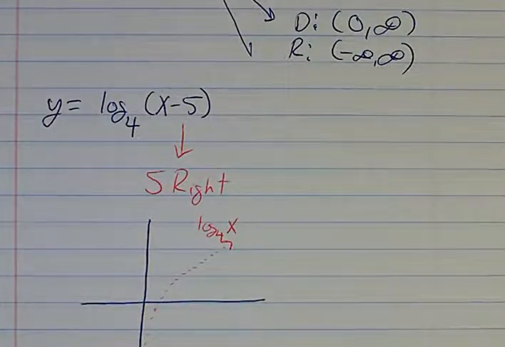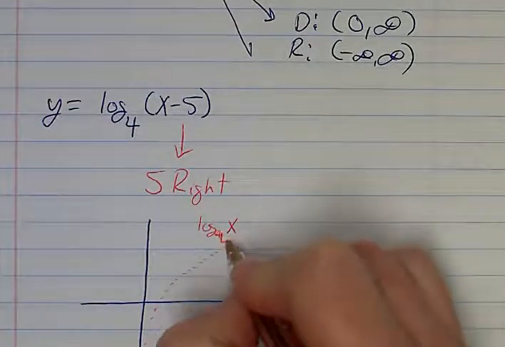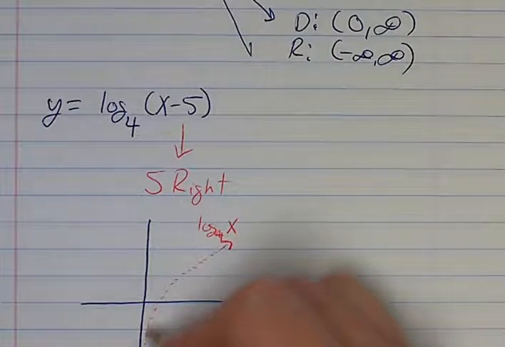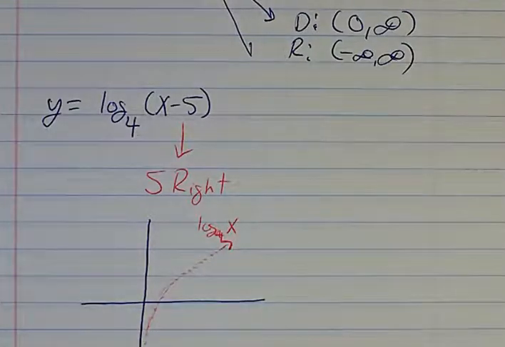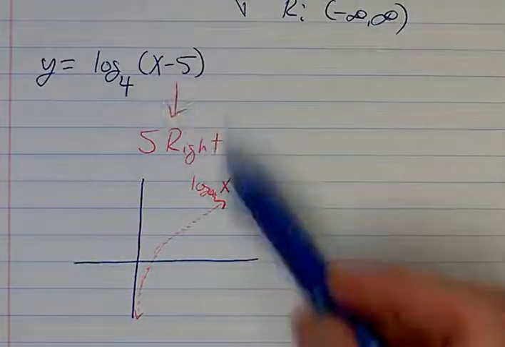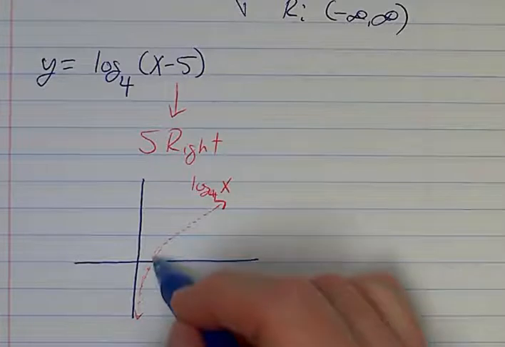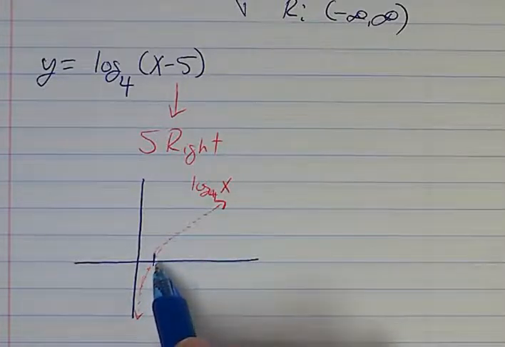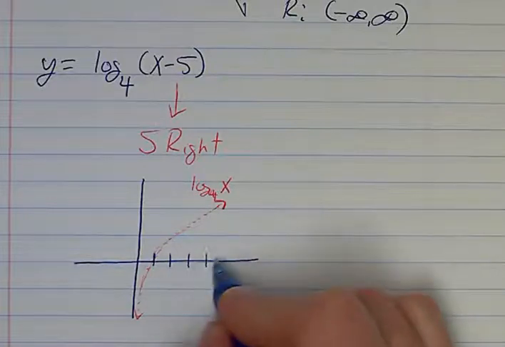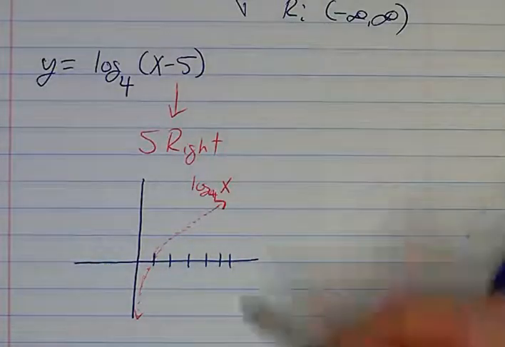Okay, so if we did log of x base 4, and just kind of lightly shaded in here, that would be a graph that would look something kind of like that. But if they ask you to do log of (x minus 5), again, you're going to take this graph that would normally start at (1, 0) and you're just going to scoot over 5 spaces. So go 1, 2, 3, 4, 5, and then draw the exact same graph.